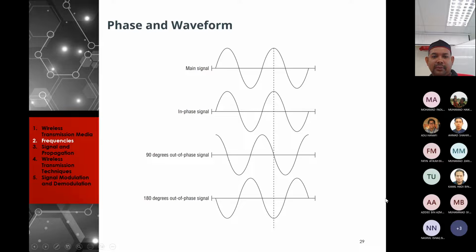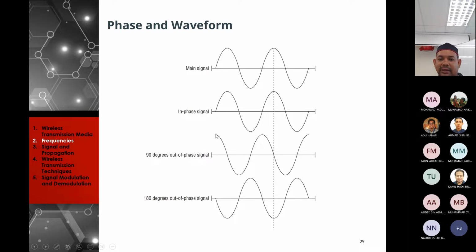Okay, so kita tengok macam mana boleh terjadinya degree of phase ni. Okay, kalau dia sebiji sama, in phase signal. Signal ni sentiasa ada main signal. Channel kita kan ada frekuensi kan, tengah bergerak kan, macam ni. Kalau dia in phase, signal sama kan. Kalau dia lari sikit tak sama.